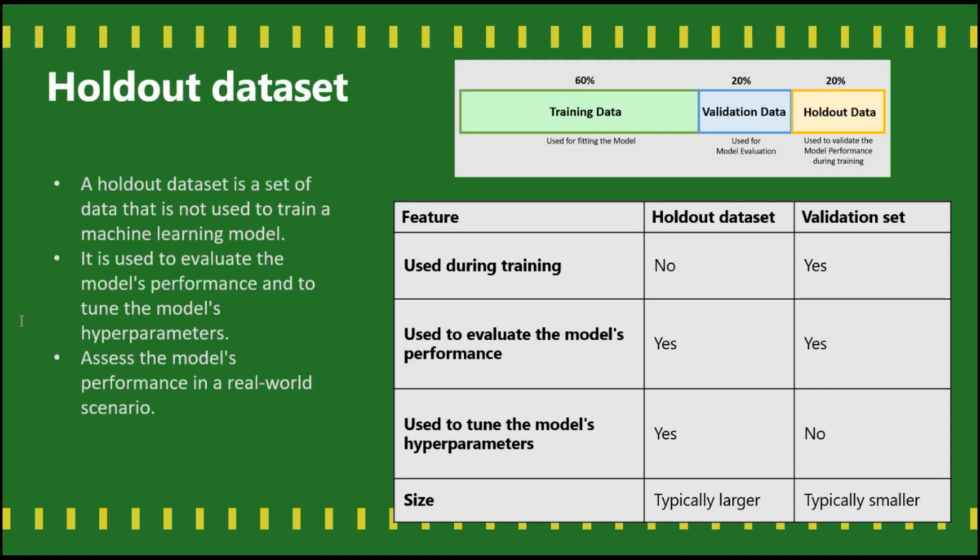But here's the thing: if we only use the same old data to train and test our model, it's like practicing the same song with the same progression over and over. You will get really good at that one song. But what if you need to play something different? You will not be comfortable with that.